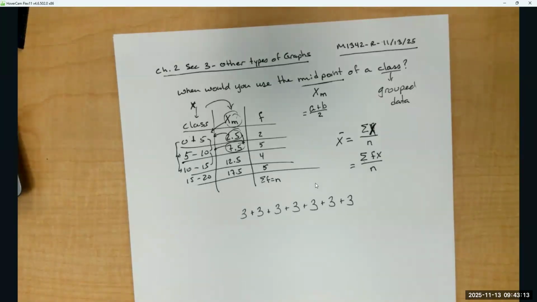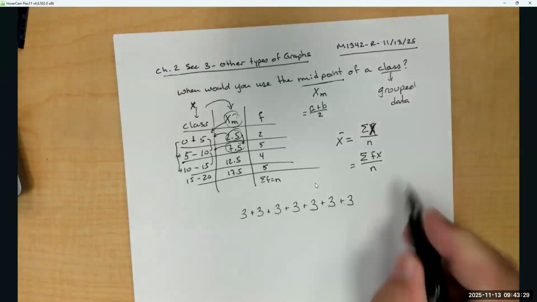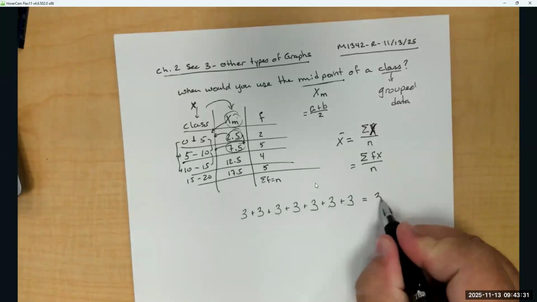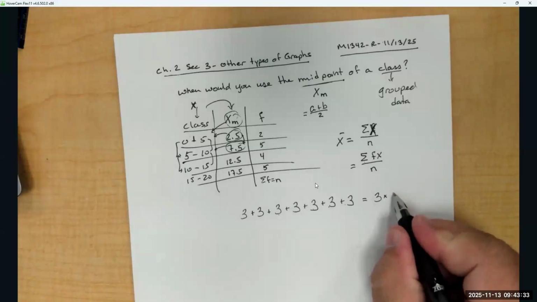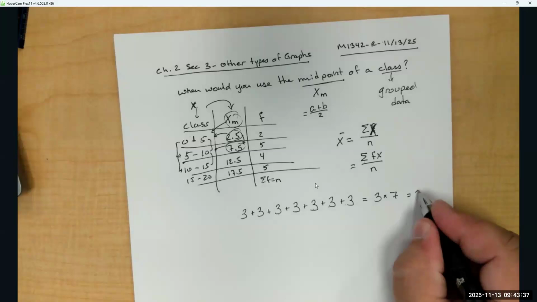From elementary school. What's a faster way of adding all those numbers together? What's that? Multiplying what? Right. The common number is 3. It occurs 7 times. So the answer is 21.